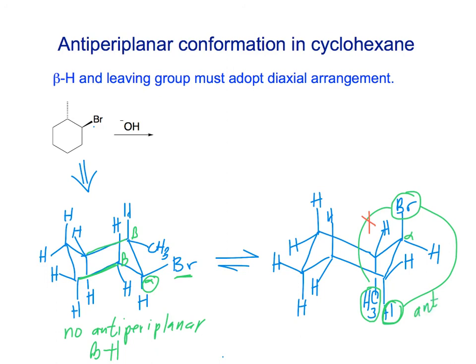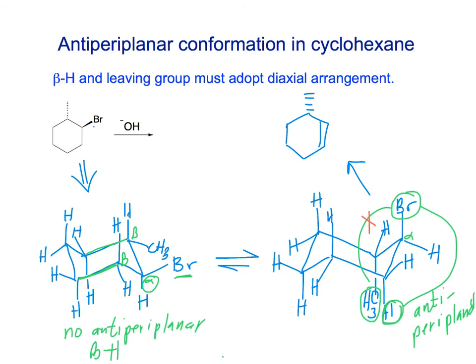So these two are anti-periplanar. All right, and so the elimination can take place only in that direction and gives us, as the major product, the double bond going over here.